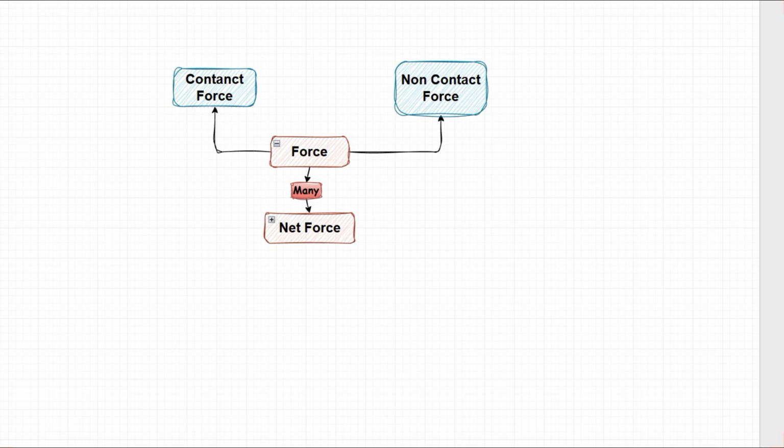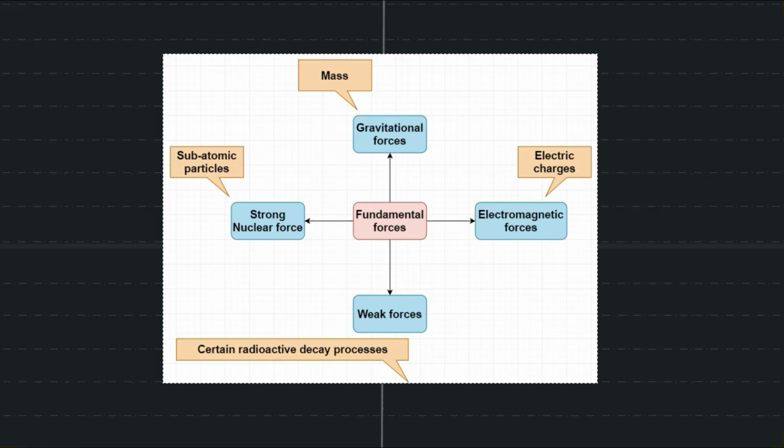And finally, what are the fundamental forces in nature? I think I have it here. Okay. One minute. I'll show it to you guys. So we're looking at the fundamental forces now. So we have gravitational force, electromagnetic force, weak force and strong force. For gravitational force, the cause is mass.